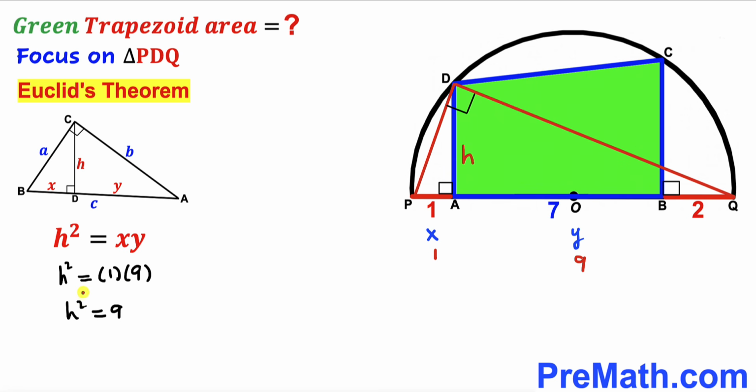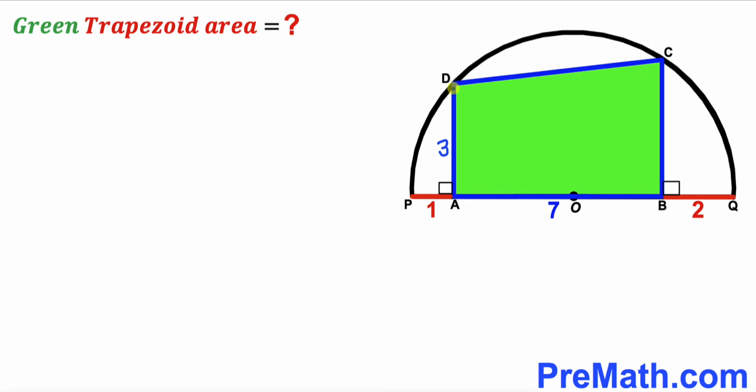Now we are going to undo this square by taking the square root on both sides. So our lowercase h value simply turns out to be positive 3 units. Thus this base AD length turns out to be 3.